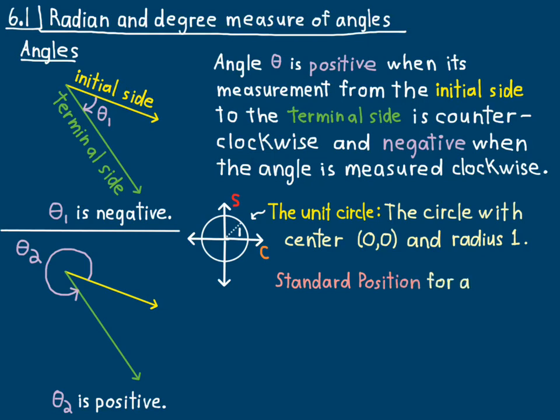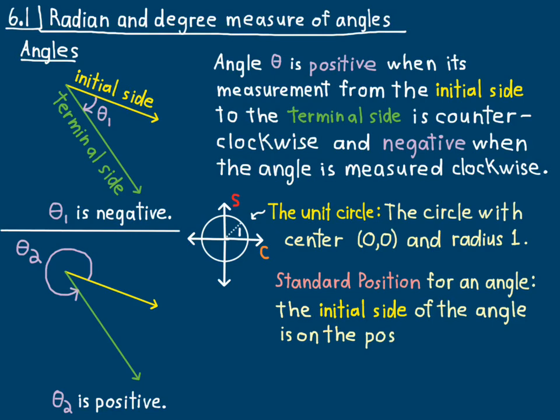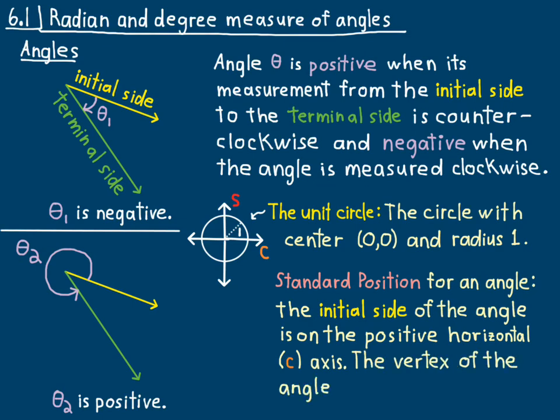Okay, standard position for an angle has the initial side of the angle on the positive horizontal axis. So I'm calling that the C-axis here. I have a C-axis and S-axis. Your book probably calls them the X and Y axes.